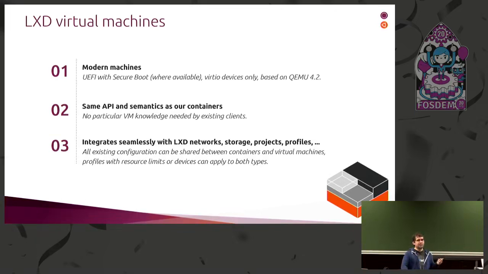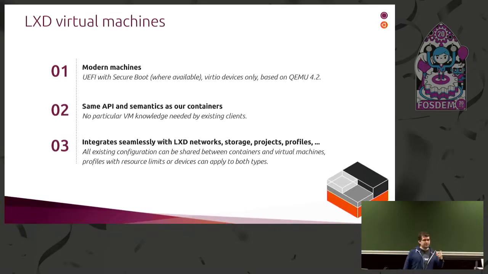And so we only really care about modern distros, which means that for both x86 and ARM, we've gone with UEFI as the only firmware we have. It's got secure boot that you can turn off if you don't have a workload that can boot with secure boot. We do VirtIO devices only. And currently we're based on QEMU 4.2.